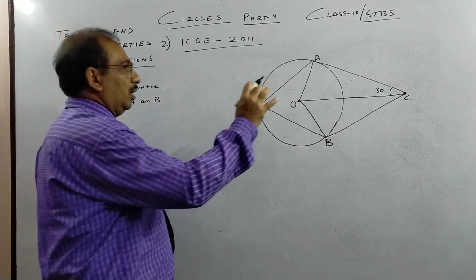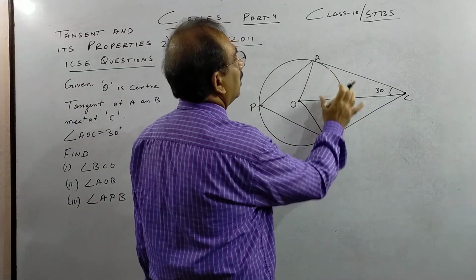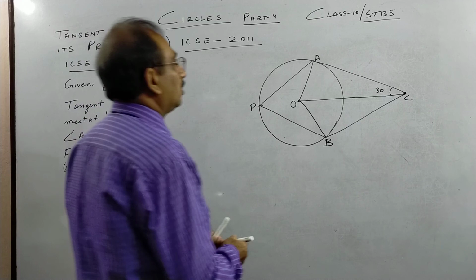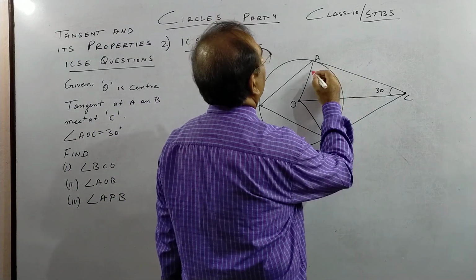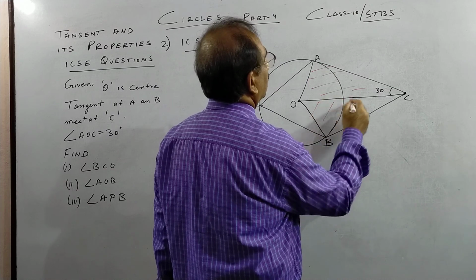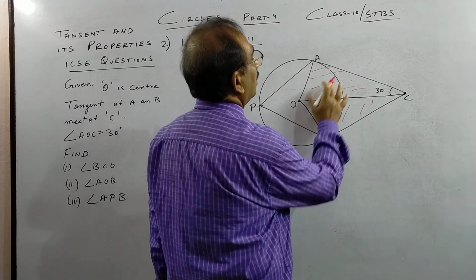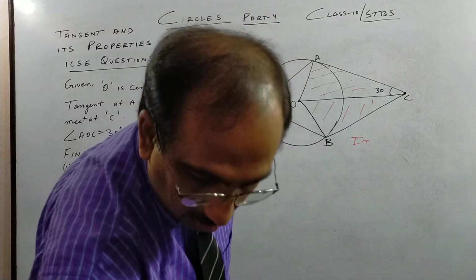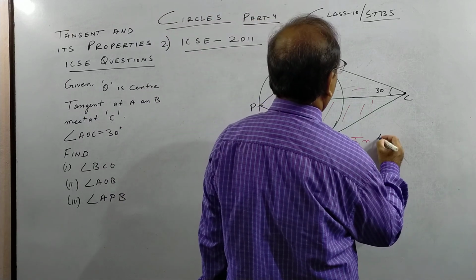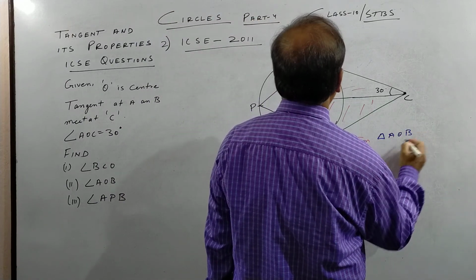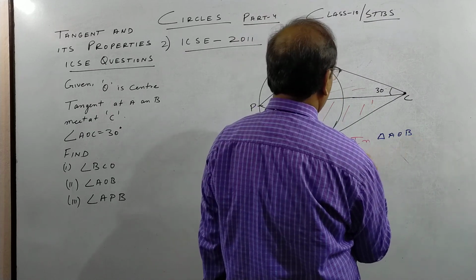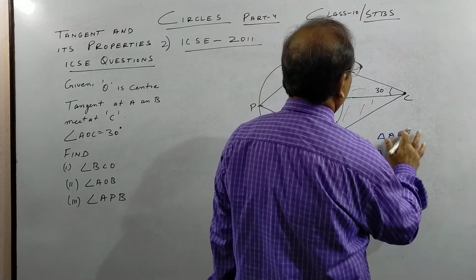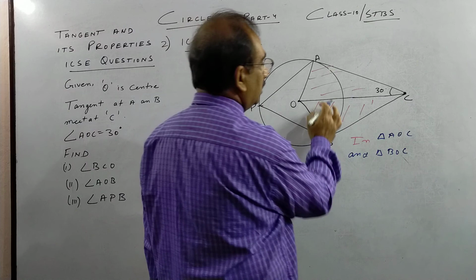So see, actually the theorem we have is that these two triangles are congruent. Okay, so I'm just telling you in short, because this is a theorem. These two triangles, this triangle and this triangle, are congruent by RHS rule. See first, in triangle AOC and triangle BOC, these two are congruent.